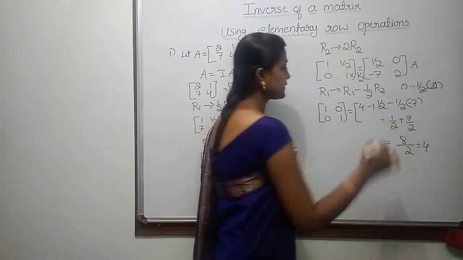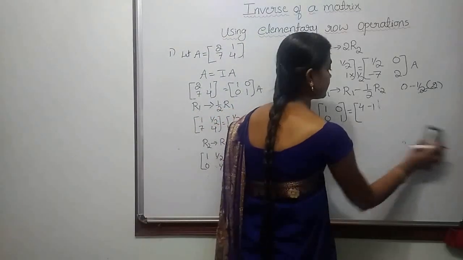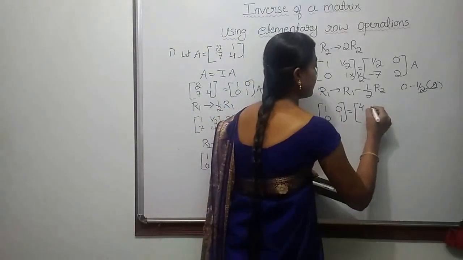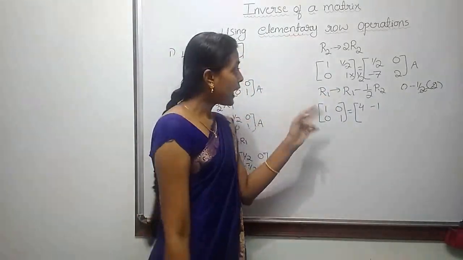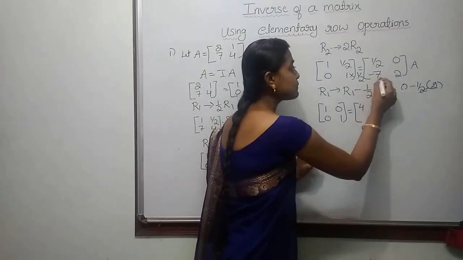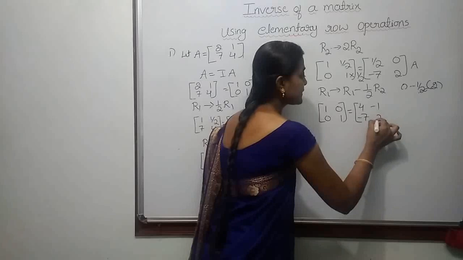I will write the result here. 4, minus 1 are the elements of the first row, and I'll write the elements of the second row as it is. Minus 7, 2.